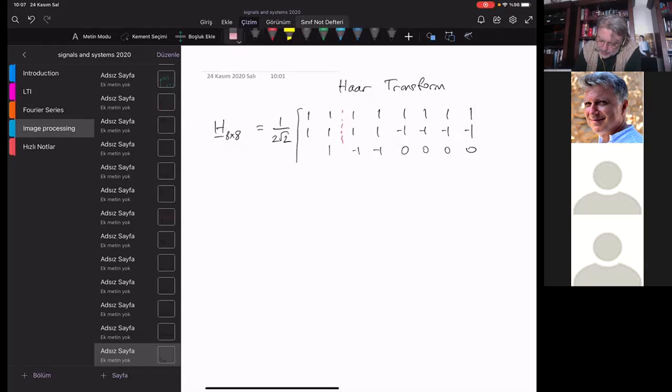These are not 1 and 1 and minus 1 and minus 1, but instead they are square root of 2, square root of 2, and minus square root of 2, minus square root of 2. If you multiply this line with 1 over 2 square root of 2 and find the norm, you will see that the norm is 1. But I didn't touch the right-hand side for pixels or for samples.